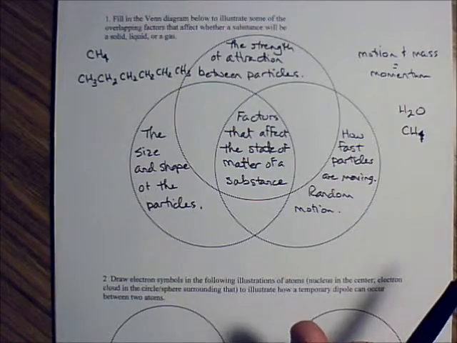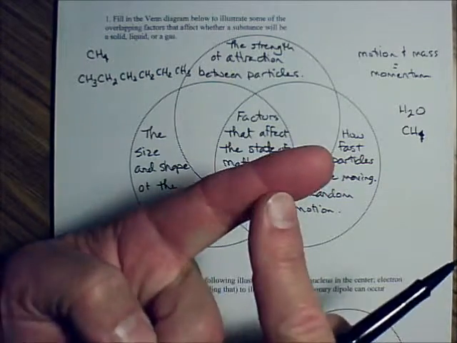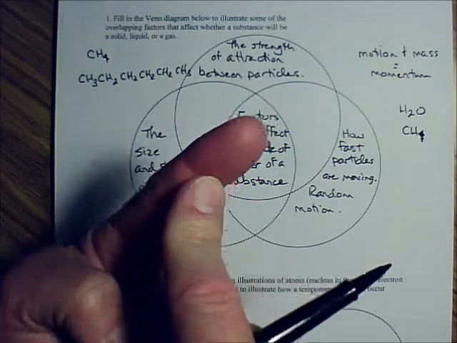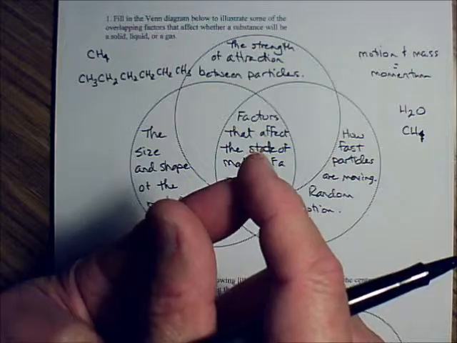Okay? So the size and shape of the particles make a difference in terms of whether you have a solid, liquid, or gas. Now, to understand this, you've got to be able to kind of imagine what the particles are doing. You've got to be able to sort of run the movie in your head. You've got to think about that. And you can relate these to things that you understand. Things that you have. It's not just tiny, tiny particles, for which there are billions in the tip of my finger here. Okay, that's the size of the particles that makes a huge impact in the overall structure.